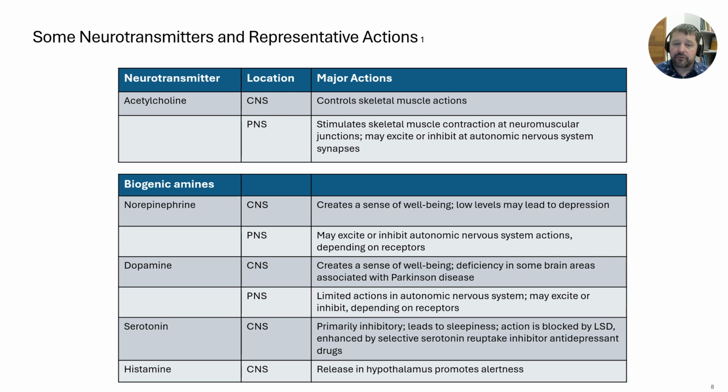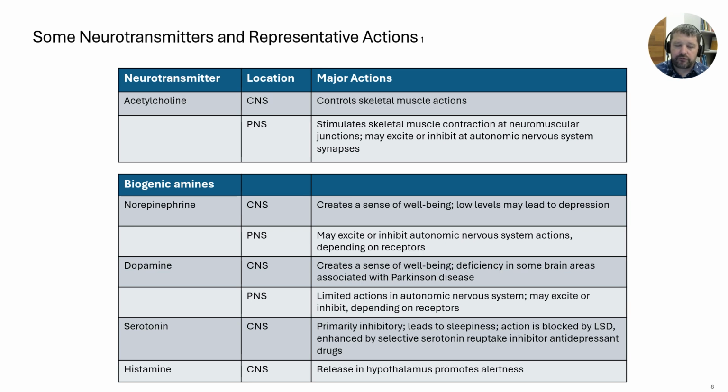But dopamine's another one. This is a typical neurotransmitter that gives us a sense of well-being. It has a kind of calming effect in the central nervous system. It's limited in the peripheral nervous system, but it can be excited or inhibited depending on where it's at.